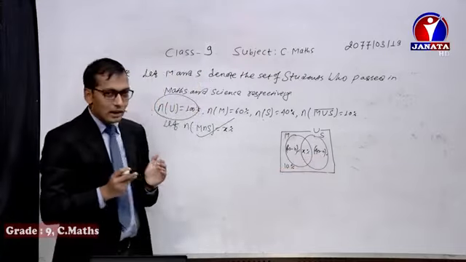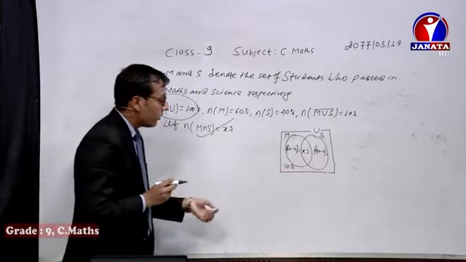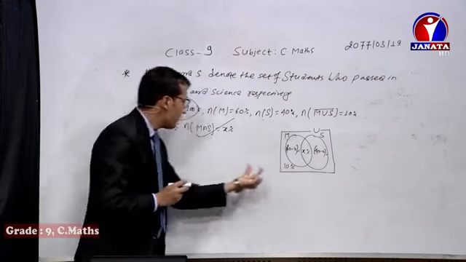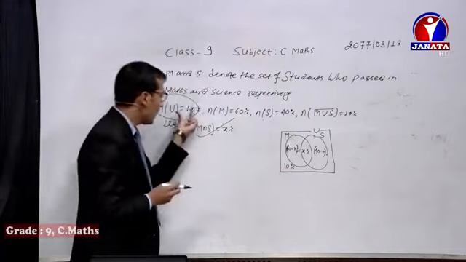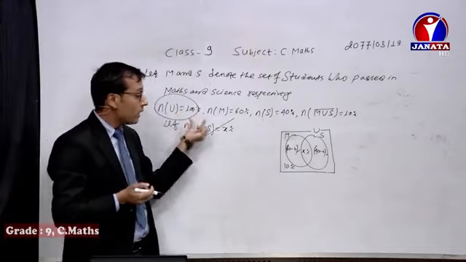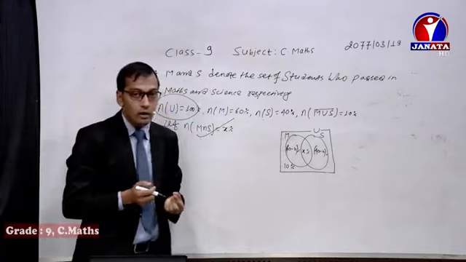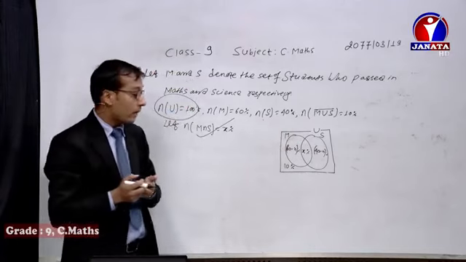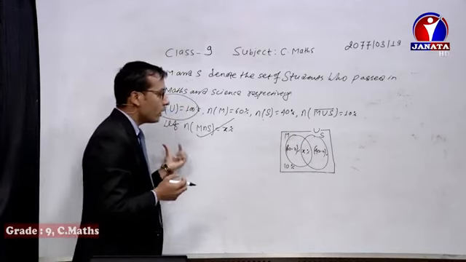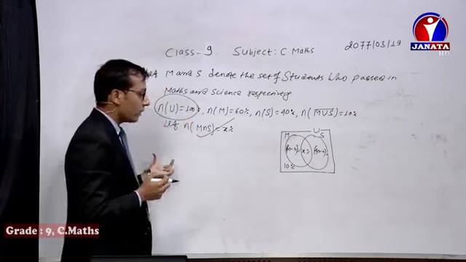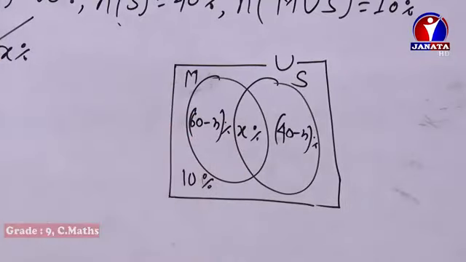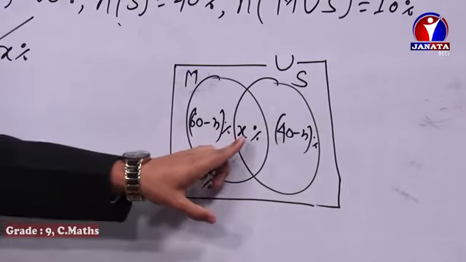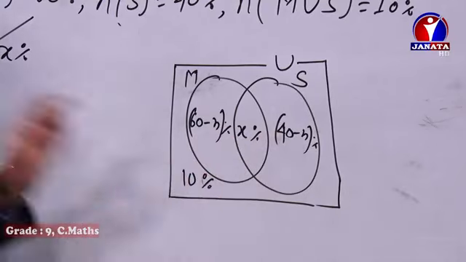Or there is a next way: if we deduct the complement, 10%, from N of U, we obtain N of M union S, and that can be used to find the value of X. If we use N of U directly, we need to add all the numbers in the 4 different regions: 60 minus X, X, 40 minus X, plus 10.